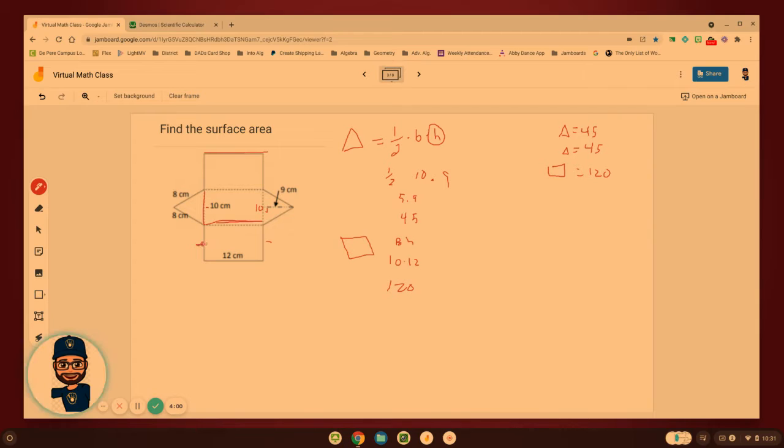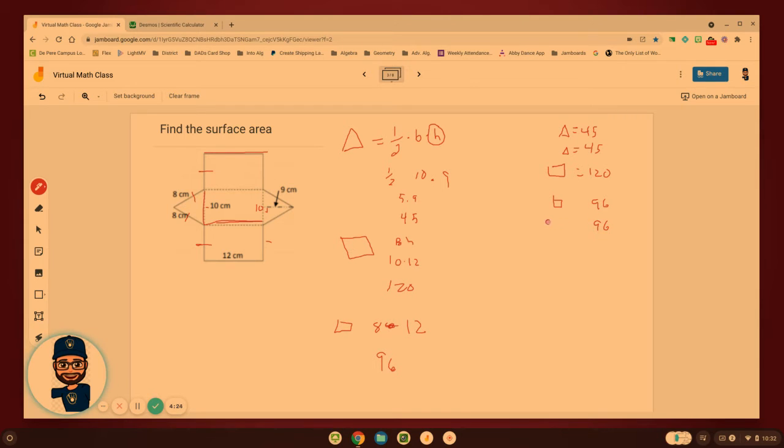So this side is actually congruent to that side. So I've got two rectangles that are 8 by 12. Whoops, not minus. That should be 8 times 12, or 96. And we have two of those. So one of them is 96 and another one is 96.